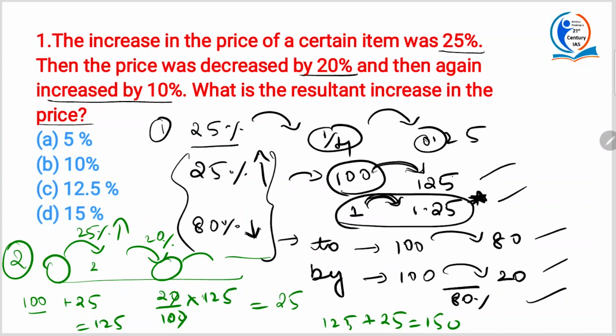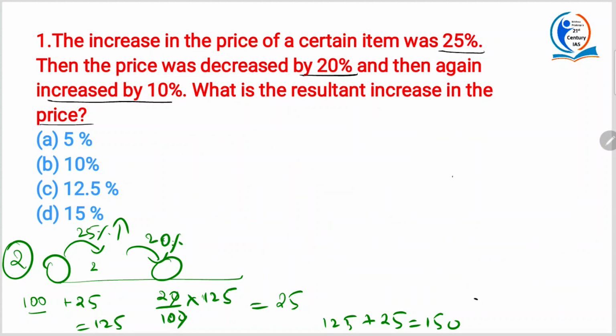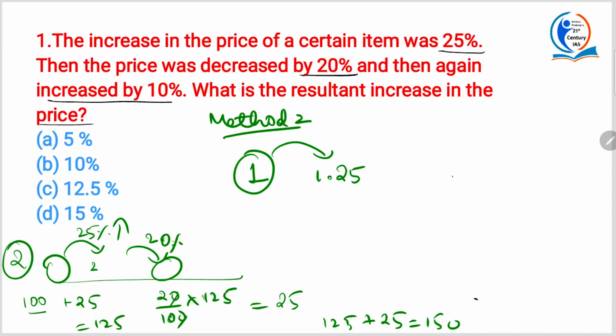But instead of calculating like this, if you opt for method 2, you can do it in decimals. How? See, the initial number I'll take as 1, and it is increased by 25%, which means this number will become 1.25.